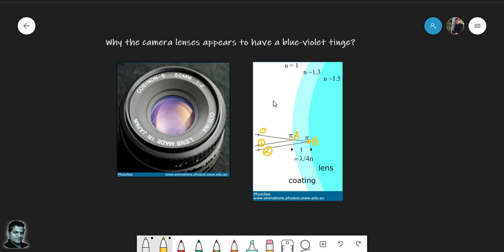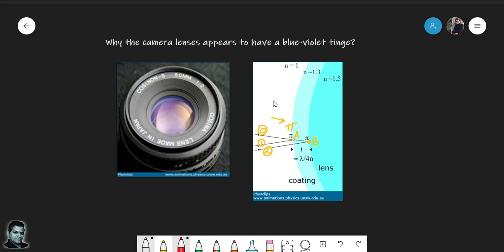So the interference happens between these two rays 1 and 2. One gets reflected from point A, the other from point B. For point A, light is coming from a rarer medium and getting reflected from a denser medium, the coating, so between the incident ray 0 and ray 1 there is a phase difference of pi.